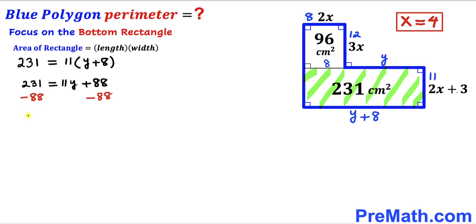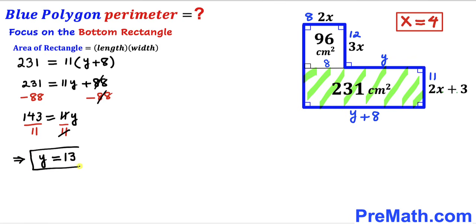We get 143 equals 11 times y on the right-hand side. Now we divide both sides by 11 to isolate y, and 11 and 11 are gone, so our y value turns out to be 13 centimeter.